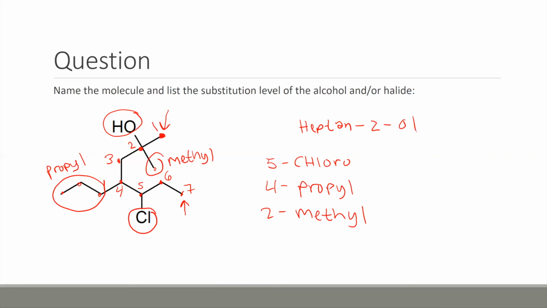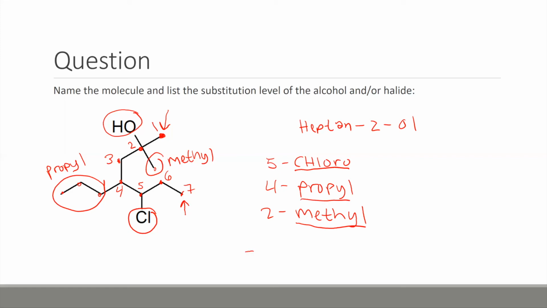Now let's put it all together. Remember, we're going to do alphabetical order. So chlorine is going to come first, methyl second, and then propyl.